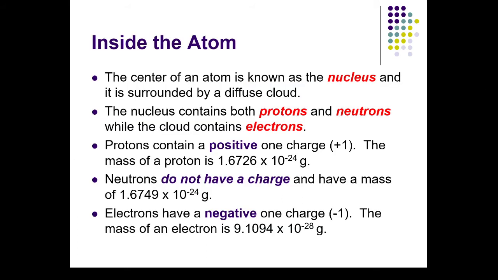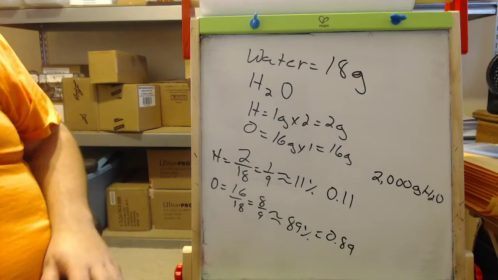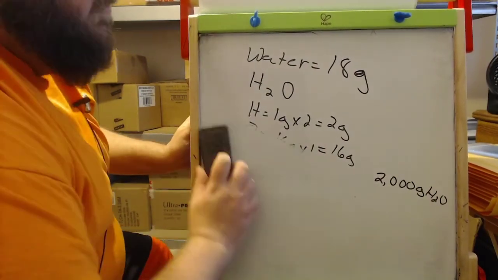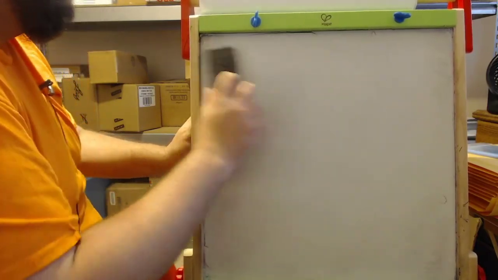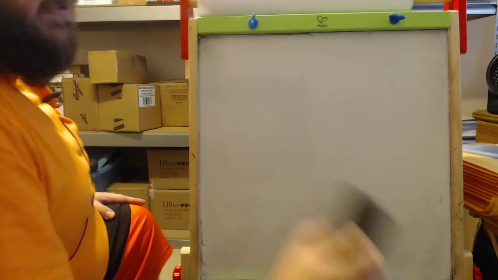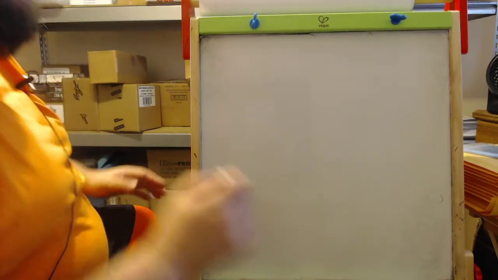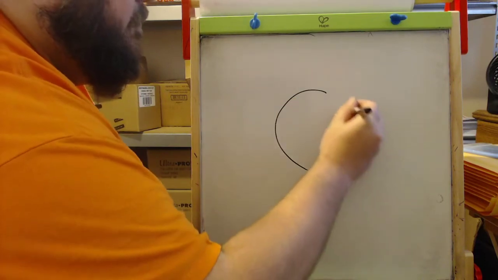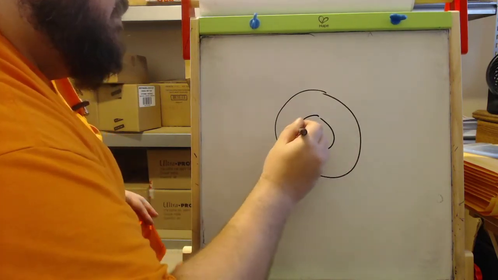So, what did they figure out? Okay, here's what they figured out. Chadwick and Rutherford and Thompson and Millikan and all these guys figured out the following. Our atom has a nucleus.